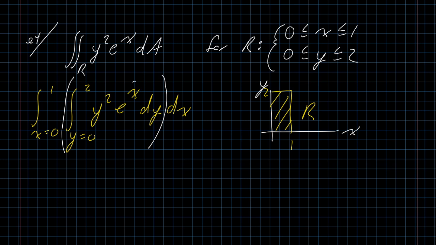Right? But the first thing I notice is inside this integral, everything is being integrated with respect to y, but then I have this e to the x. And just like with partial derivatives, when we're dealing with iterated integrals, we're going to assume that x is constant with respect to y.